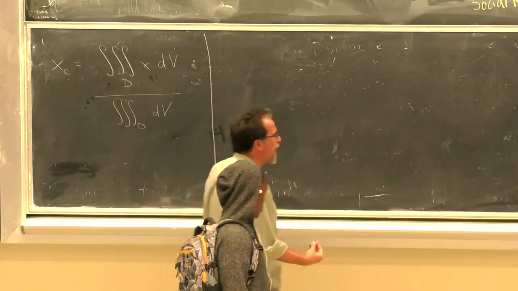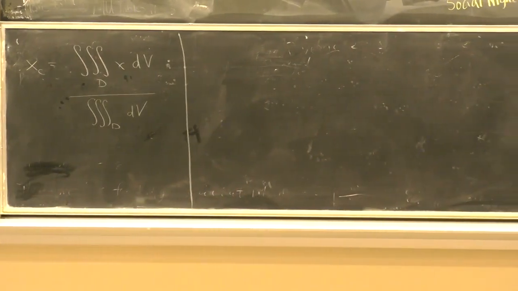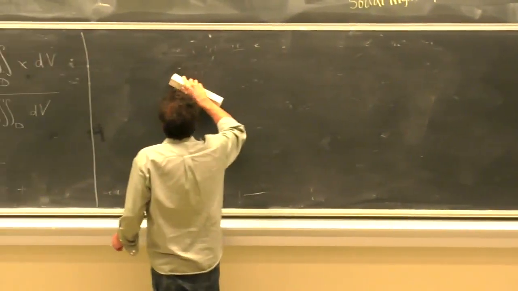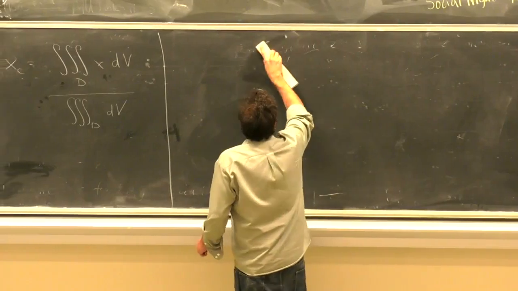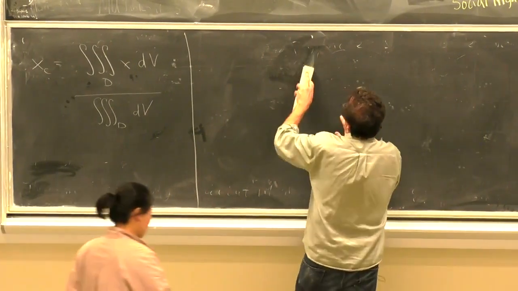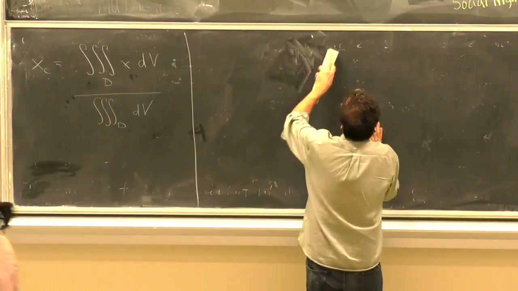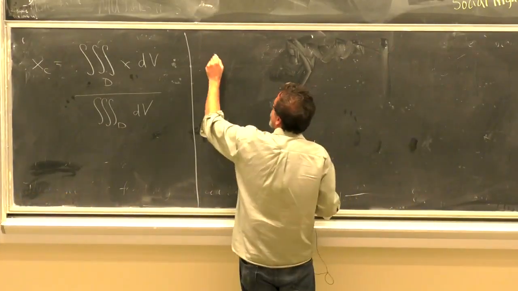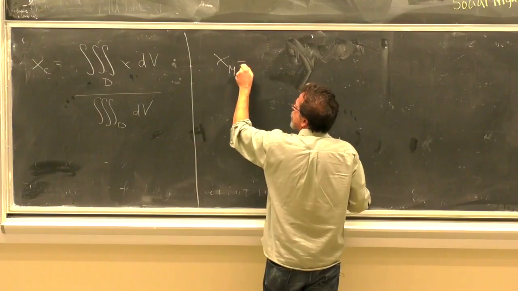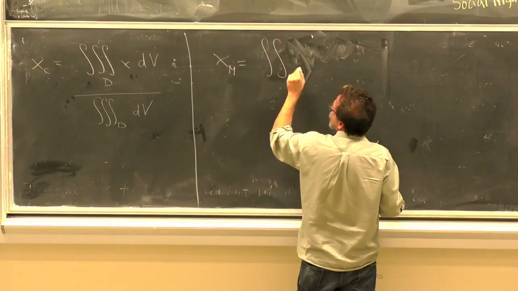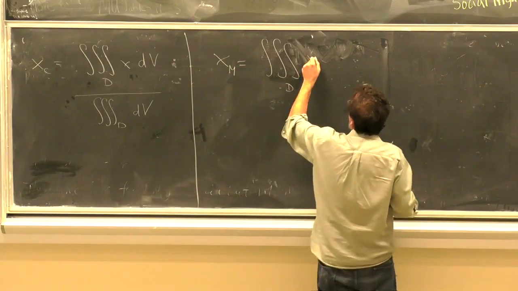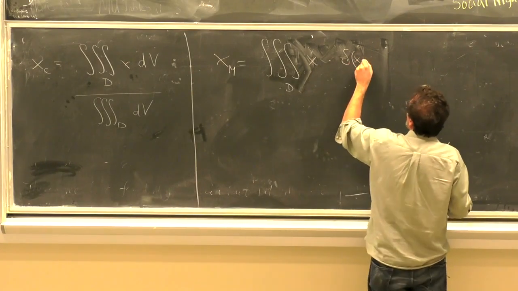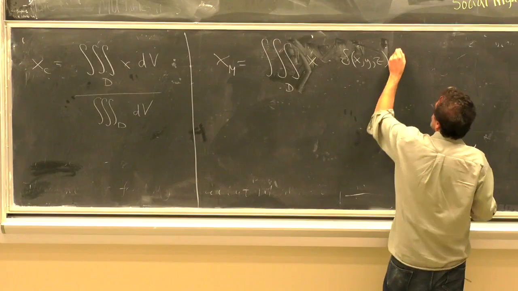Regarding the center of mass, I gave the notion of density last time, how we think about density. And so the x component of the center of mass is going to be the triple integral over the domain D of x times the density, which is a function of x, y, and z, times dV.